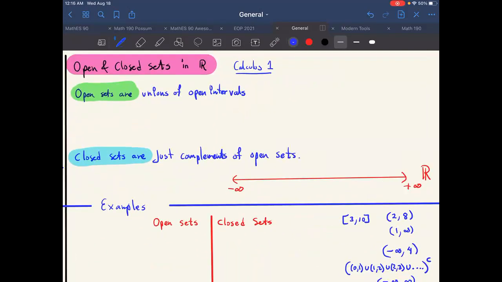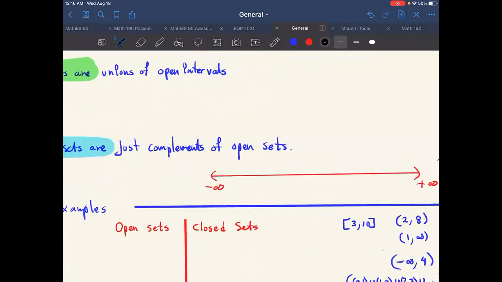For instance, we have here this set. Let's do an example of a complement of an open set.